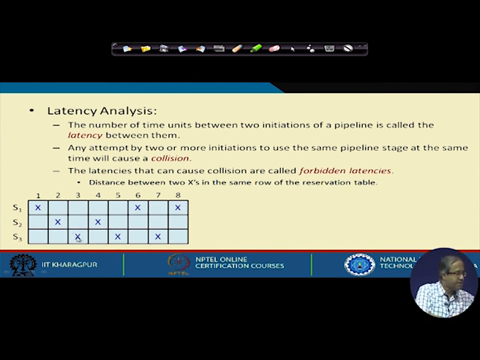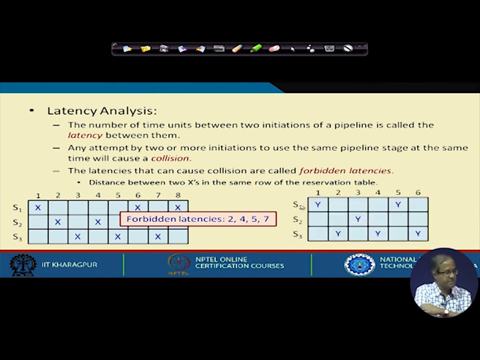There are check marks at a gap of 2, at a gap of 4, this and this, at a gap of 5, and this one at a gap of 7. These are all forbidden latencies, the distance between any two check marks. So, for this reservation table, the forbidden latencies are 2, 4, 5 and 7.